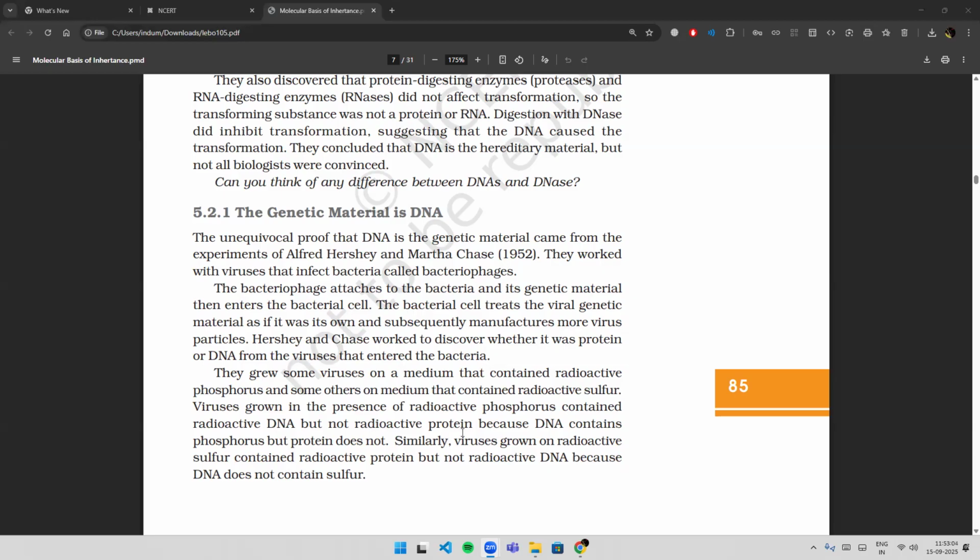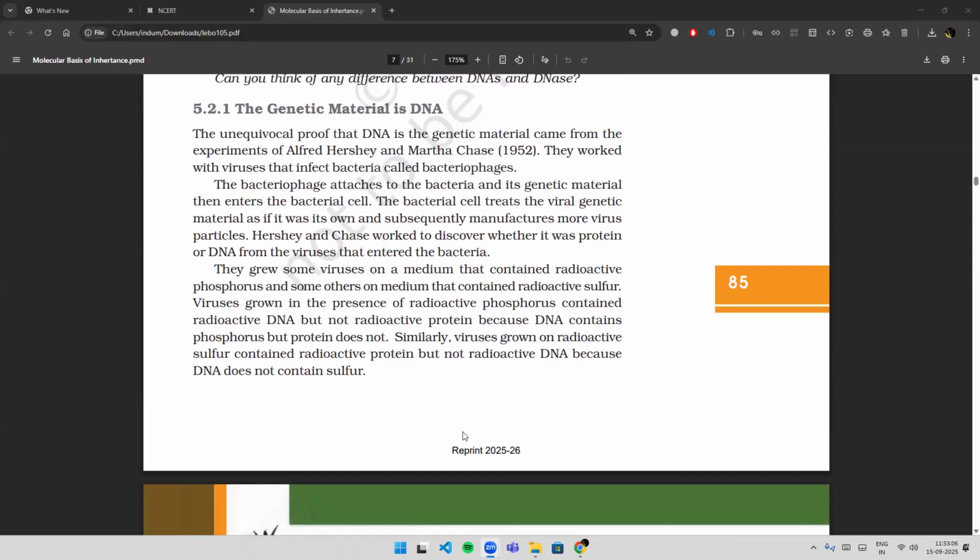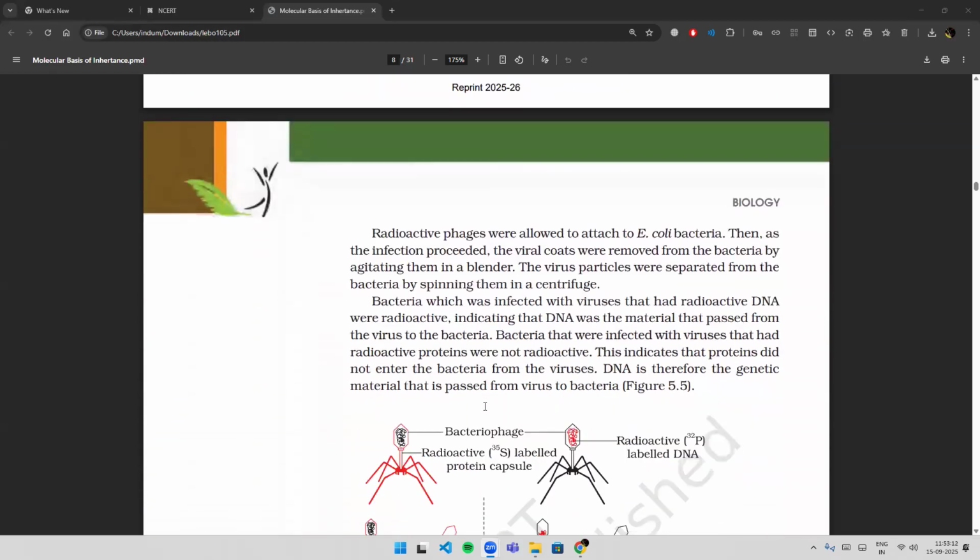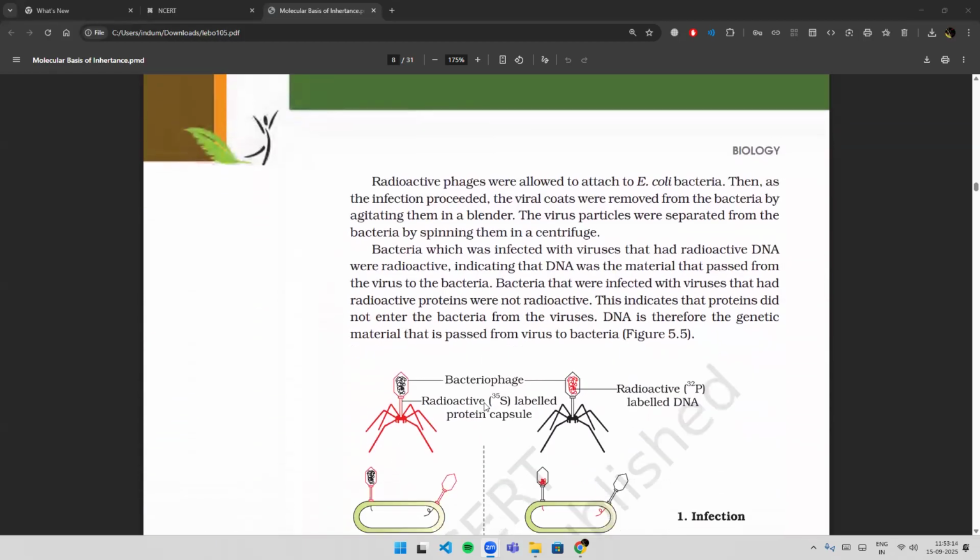Similarly, viruses grown on radioactive sulfur contain radioactive protein but not radioactive DNA, because DNA does not contain sulfur. Radioactive phages were allowed to attach to E. coli bacteria. Then, as the infection proceeded, the viral coats were removed from the bacteria by agitating them in a blender. The virus particles were separated from the bacteria by spinning them in a centrifuge.